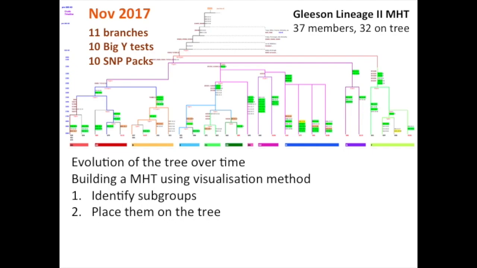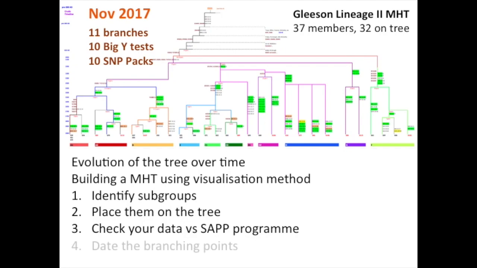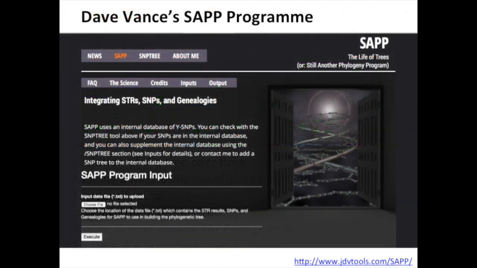Secondly, to then place each of those subgroups on a particular branch of the tree. Thirdly, check your data against the SAPP program, and I'll tell you about that in a moment. And fourthly, date the branching points. So those are the 4 steps that I do in this visualization method.